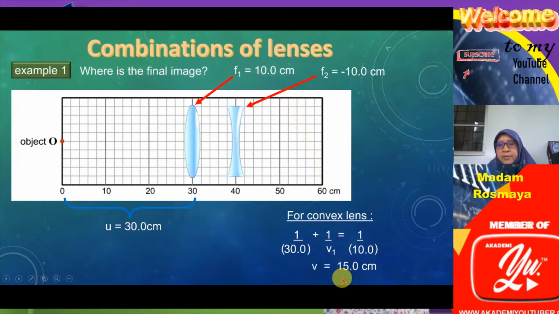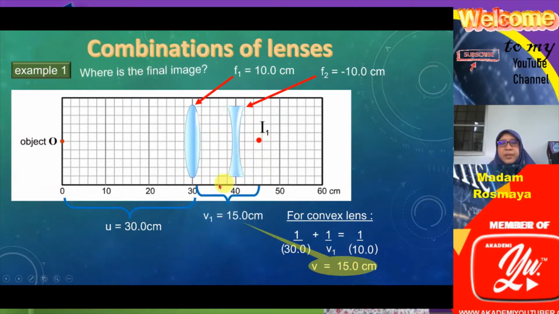So we get v1 equals 15 cm. This 15 cm is measured from the convex lens, by drawing on the graph given here: 30, 40, and in the middle between 40 and 50. So 15 cm from the convex lens.